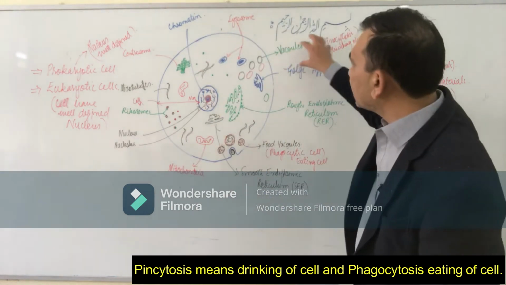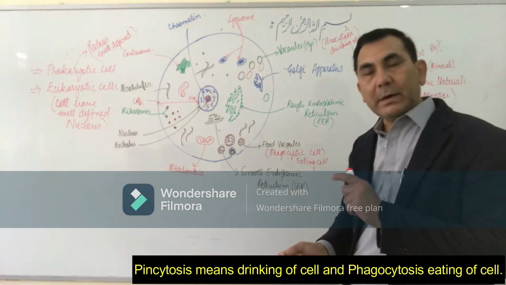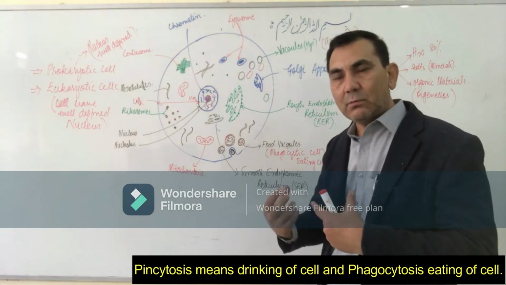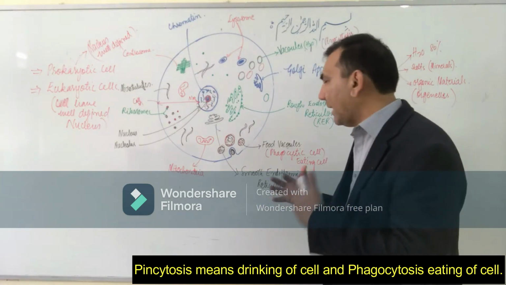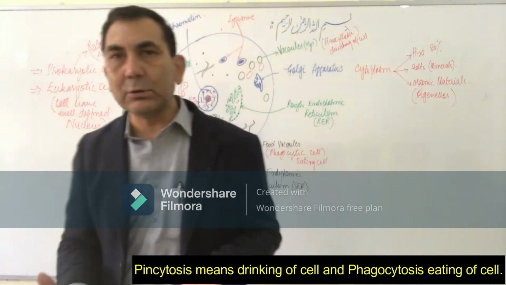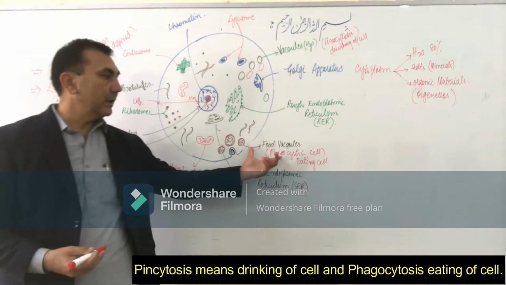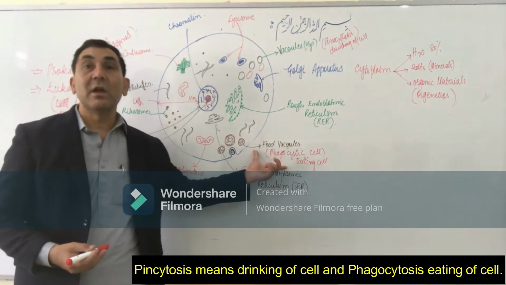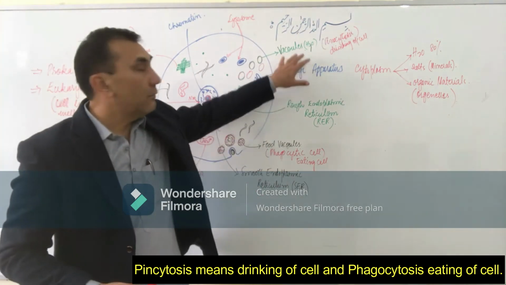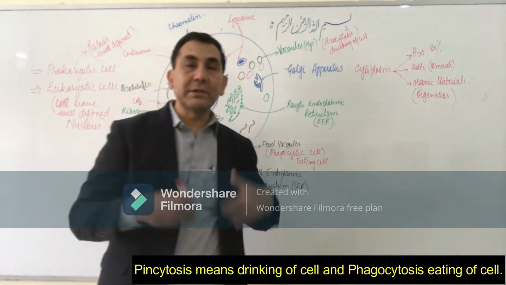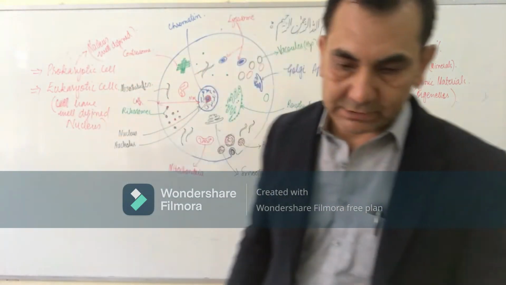The same way, the cell takes water molecules inside it and also engulfs food molecules. If the food molecule is engulfed by the cell, it is called phagocytic action. If the water molecule is drunk by the cell, it is called pinocytosis.